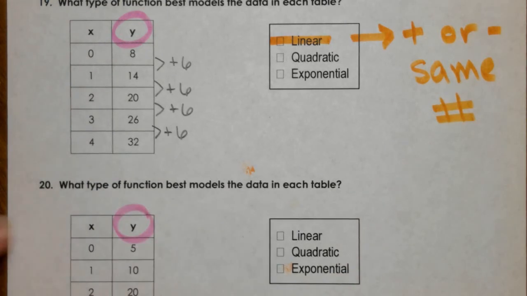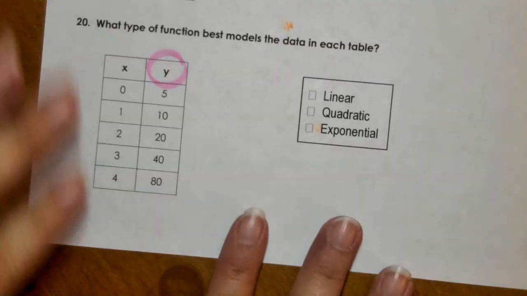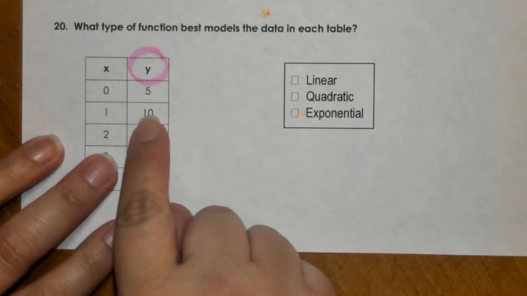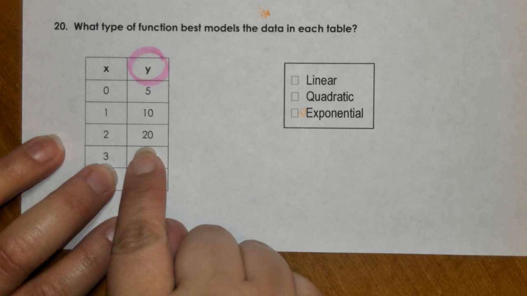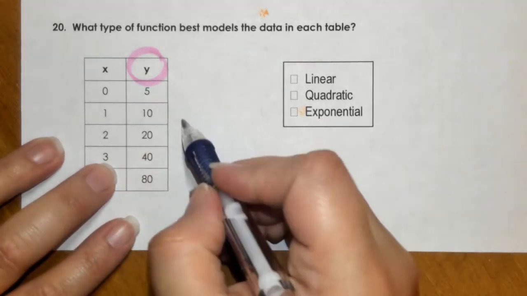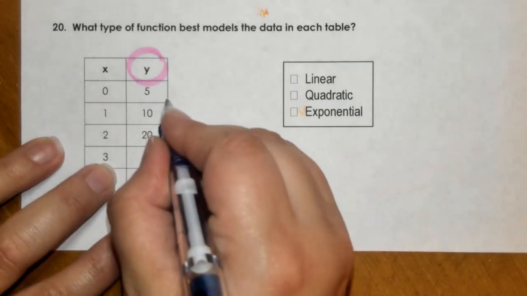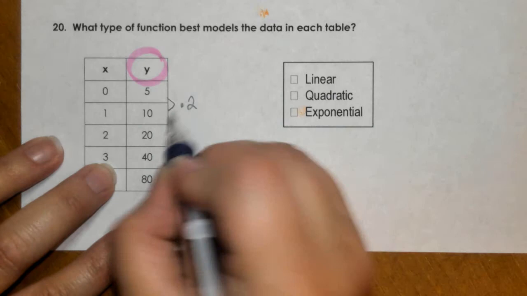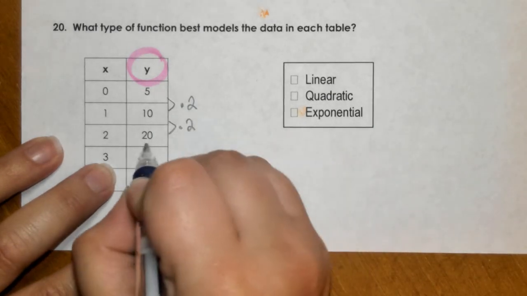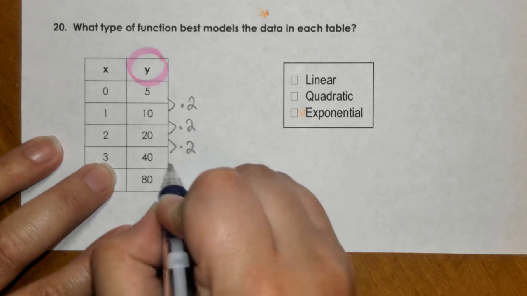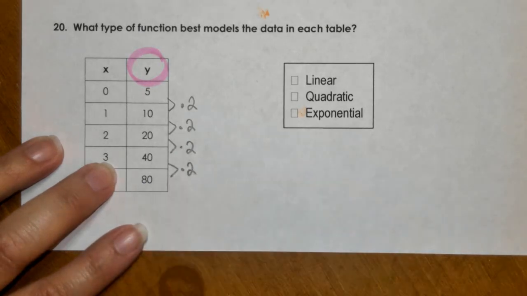Okay. In number 20, I could do 5 plus 5 gives me 10. Does 10 plus 5 give me 20? No. So now, can I multiply? 5 times what gives me 10? Times 2. 10 times 2, does that work? Yep. 20 times 2, I get 40. 40 times 2, I get 80.